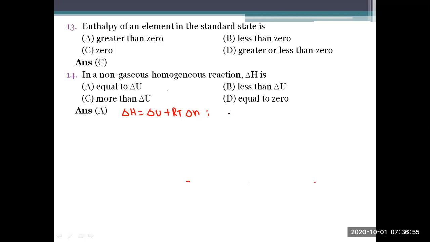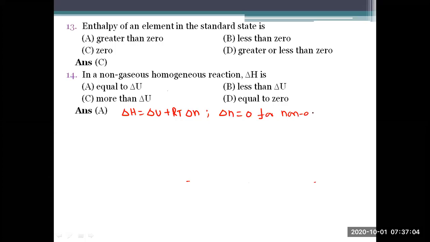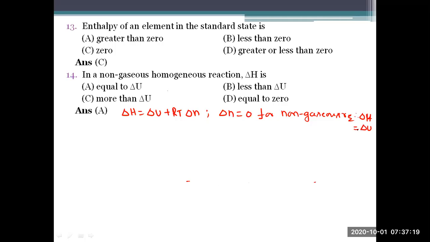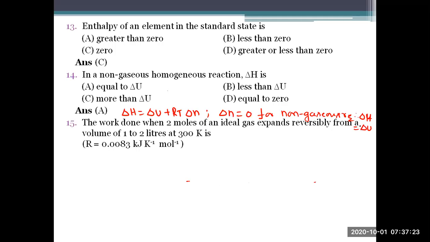So delta n is equal to 0 for non-gaseous reactions. When it becomes equal to 0, delta H is therefore equal to delta U. That's all. So option A is correct. Go to next.